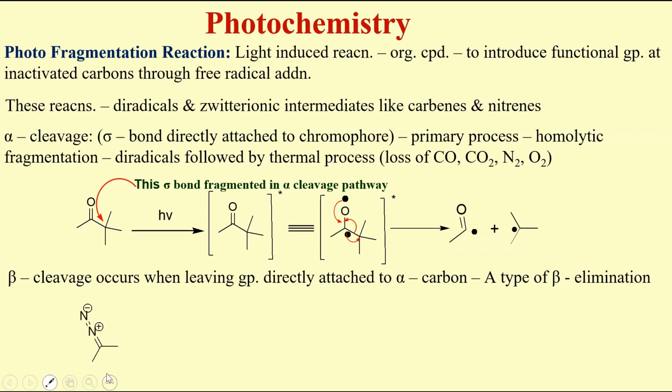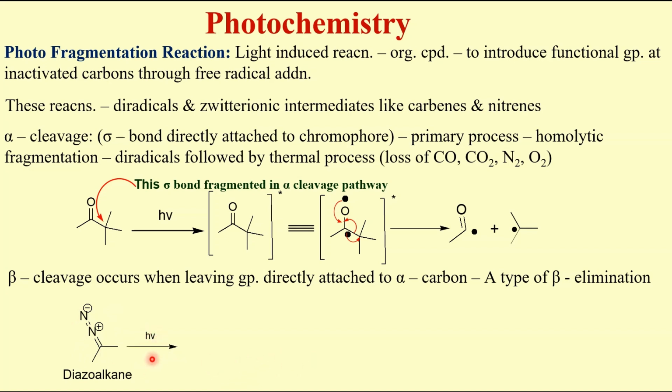For example, diazoalkane. Here nitrogen N double bond N is an easy leaving group, directly attached to the alpha carbon, then beta cleavage occurs.